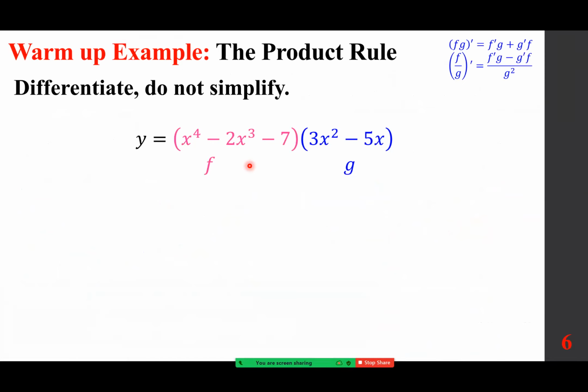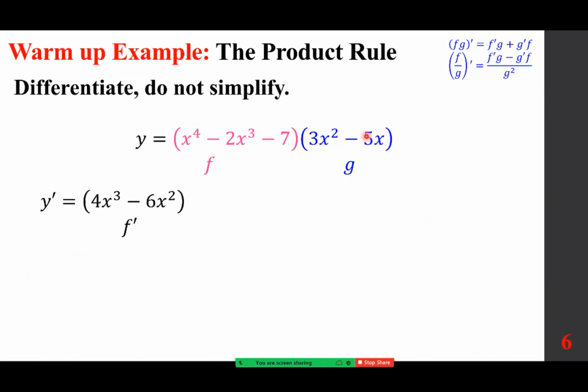Let's start with a very simple example, and we don't want to simplify. This is a warm-up example. I'm going to call the first parenthesis F, the second parenthesis G, and I want to stick with this shorthand notation. So the first step is to find F prime, which is 4x cubed minus 6x.